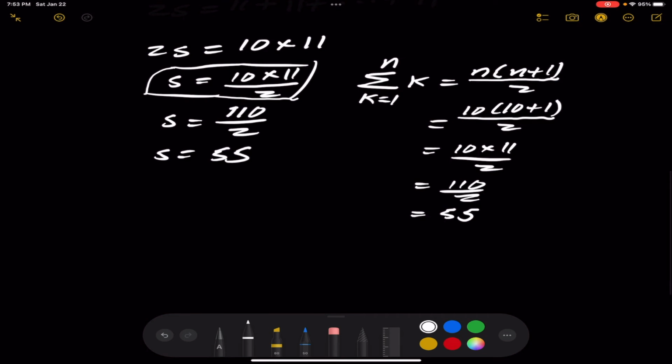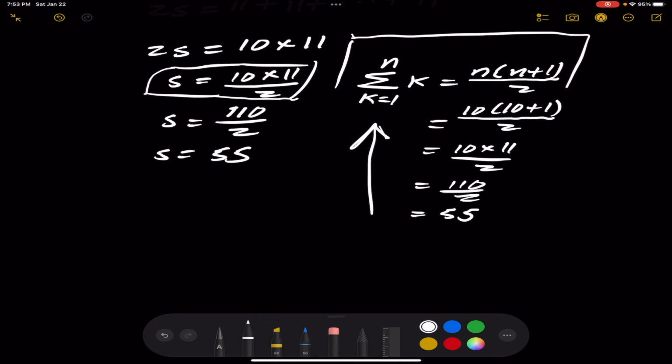Now, this right here you can actually prove using a method called mathematical induction.